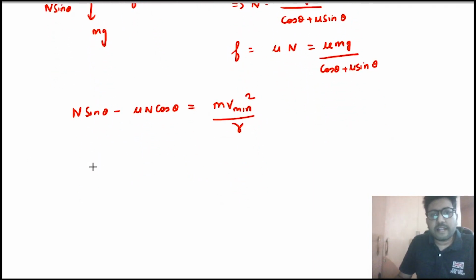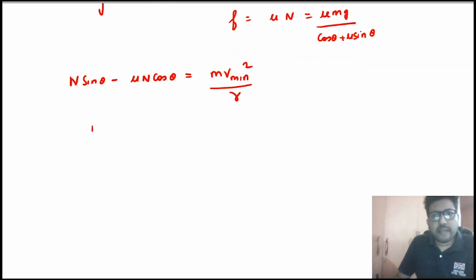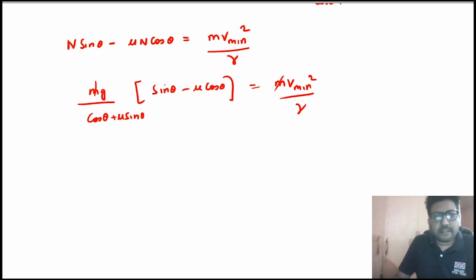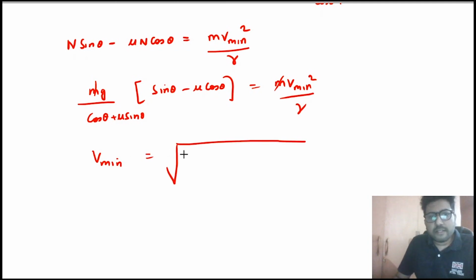From this you will get, take n common, you will get mg upon cos theta plus mu sin theta multiplied by sin theta minus mu cos theta is equal to m v min square by r. M cancelled. From this you will get v min is equal to root over gr sin theta minus mu cos theta divided by cos theta plus mu sin theta.